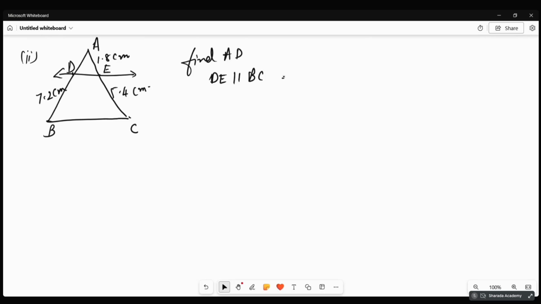Correct. 1.8. It's 1.8 by 5. What did you do?